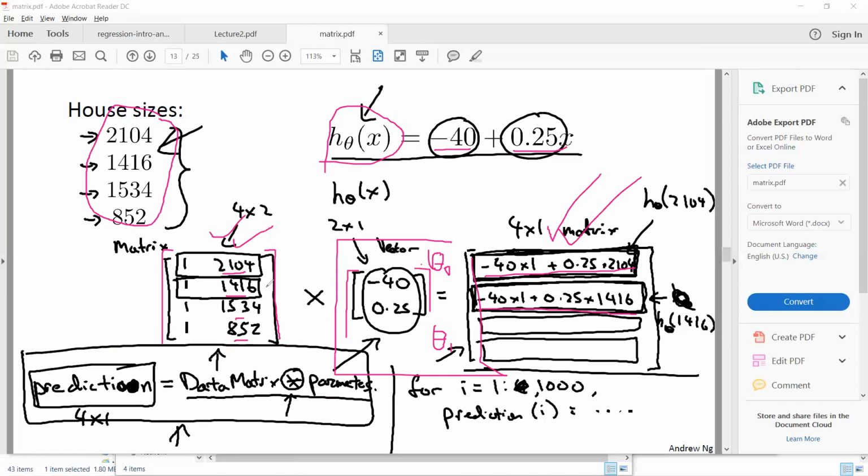Suppose this is for where you have only x. Now suppose your equation has something like 0.5 x square, right? Now what will happen?